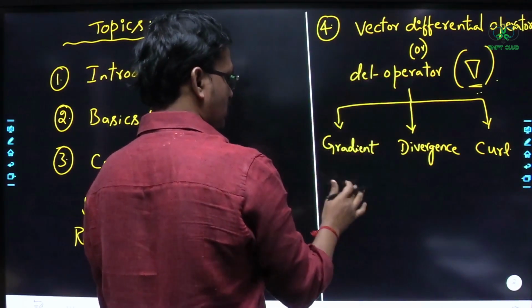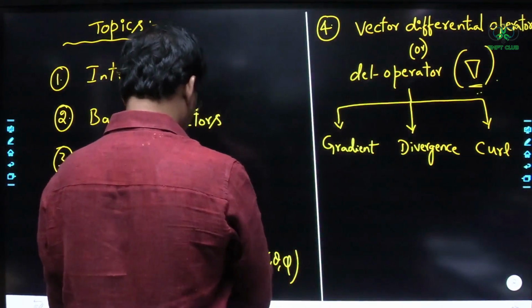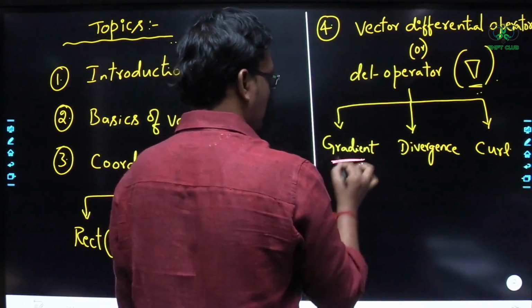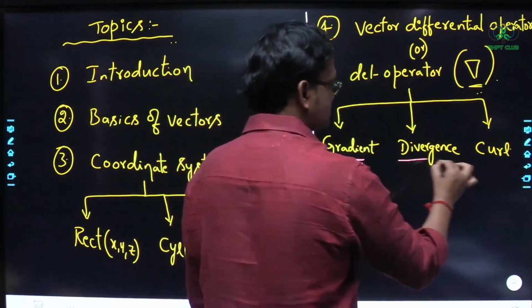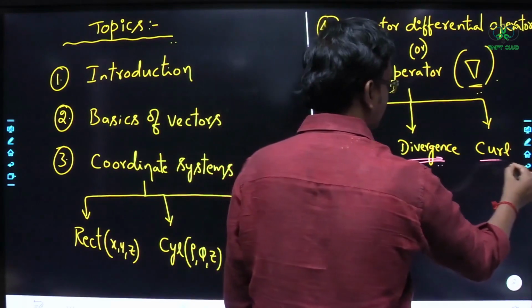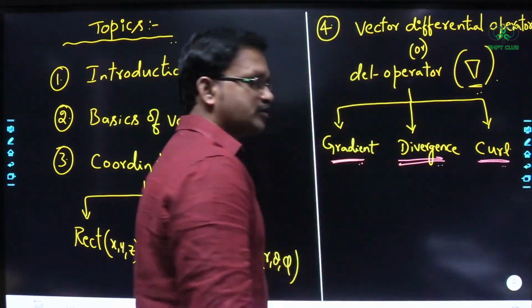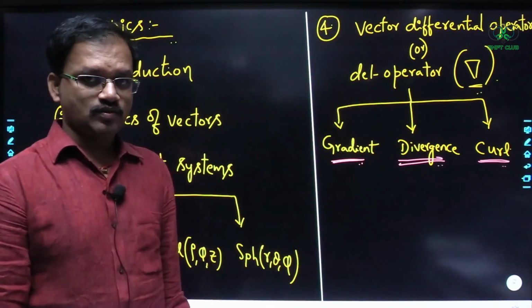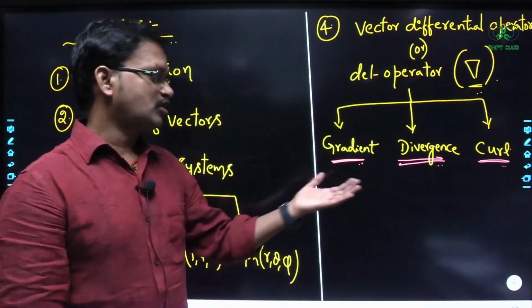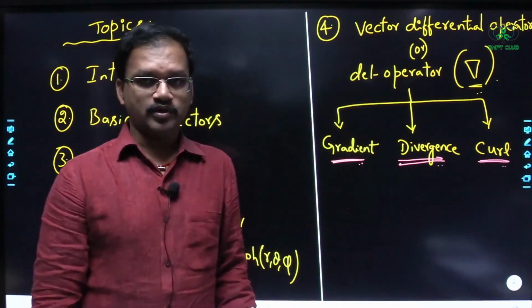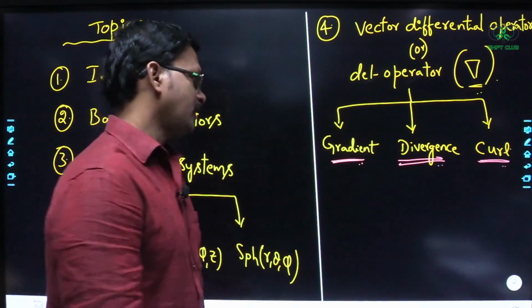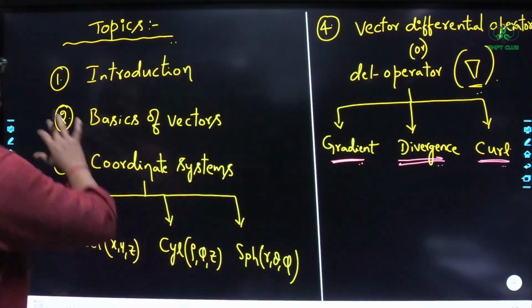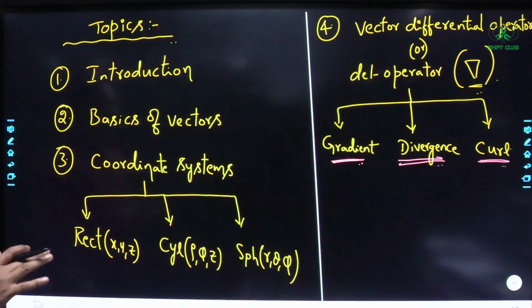In this topic we will cover what we mean by gradient, divergence, and curl operations, and also their physical interpretations. The physical interpretations of these operations are very, very important.